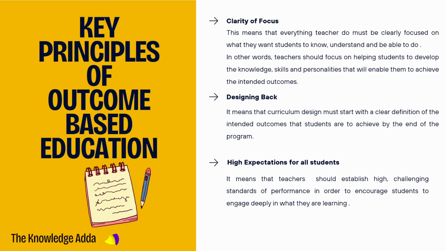Clarity of focus means the teacher should be clear about what they want students to know, what they want students to understand, and what they want students to be able to do. In other words, we can say teachers should focus on helping students to develop the knowledge, skills, and personalities that will enable them to achieve the intended outcome.